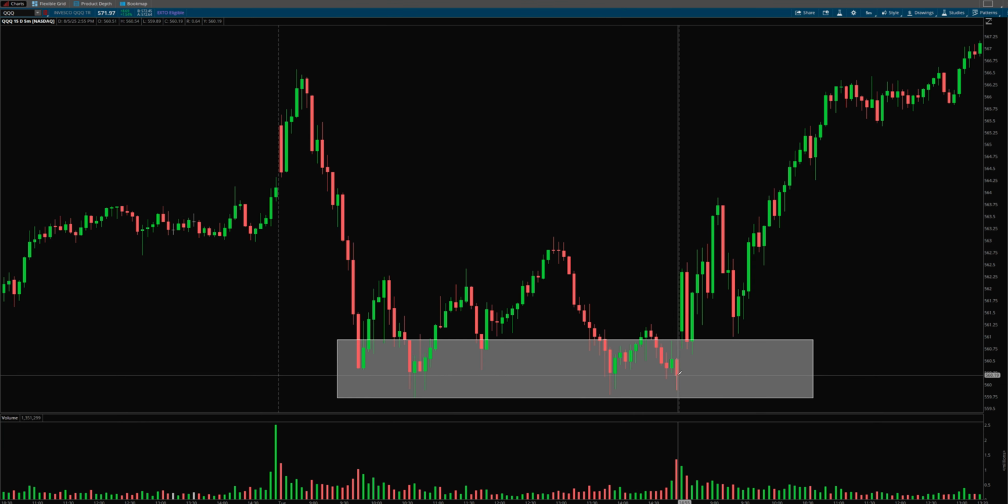For QQQ, this ended in about November, December. This was a very solid resistance zone, a location where supply exceeded demand, a spot where sellers were very willing to unload positions, and we saw price retest this level several times before ultimately heading much lower during the 2022 bear market.